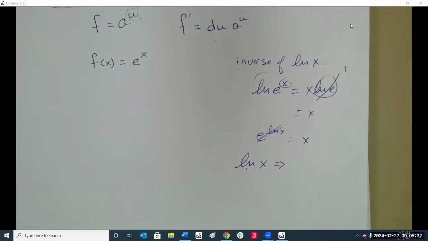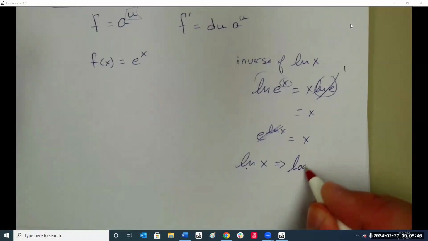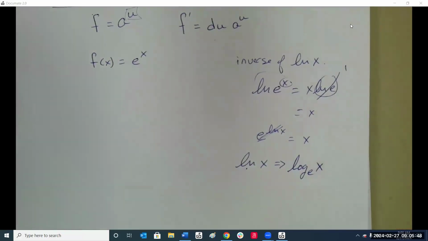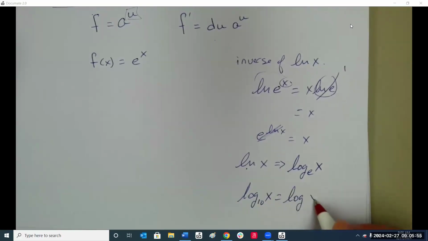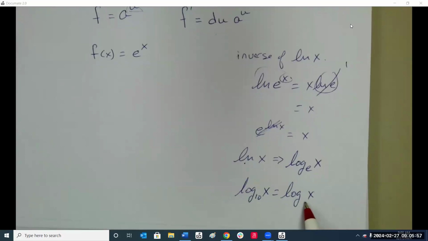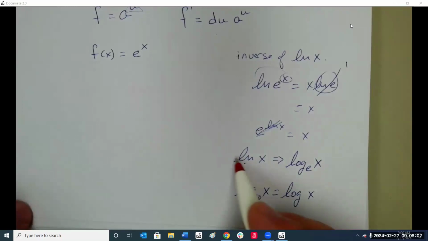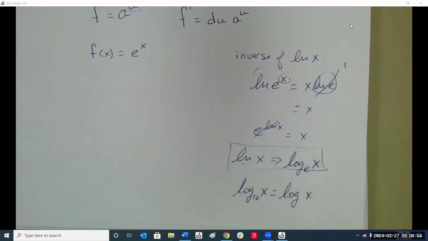Log base e. Log base 10 is a common log. Whereas if there's nothing there, it's automatically log base 10. Yes. This is the conversion.